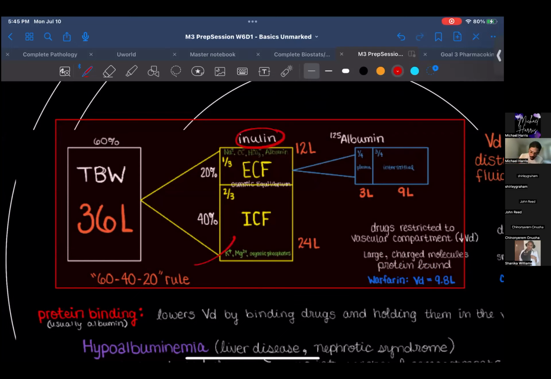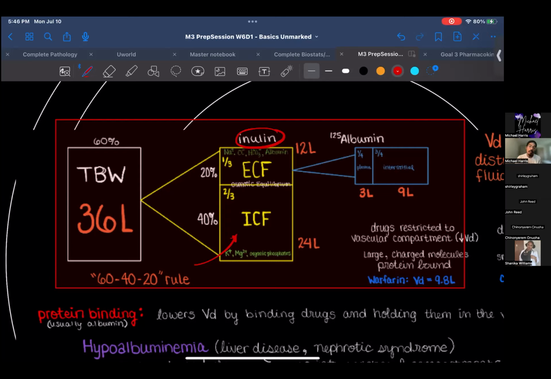Can you measure the intracellular fluid?